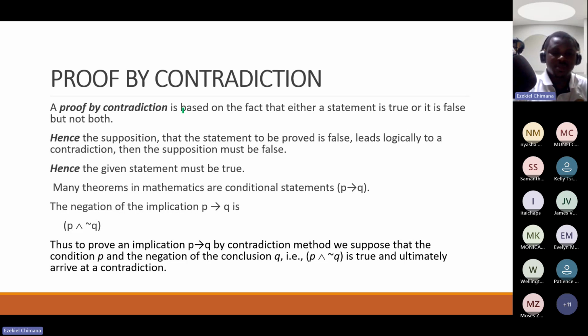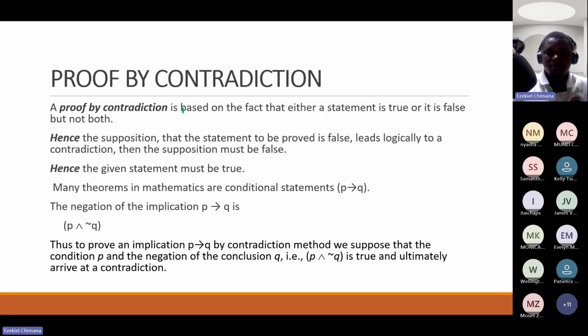Many theorems in mathematics are conditional statements like P implies Q. The negation of the implication P implies Q is P and the negation of Q. So to prove an implication P implies Q by the contradiction method, we suppose that the condition P and the negation of the conclusion Q is true, and ultimately we arrive at a contradiction.